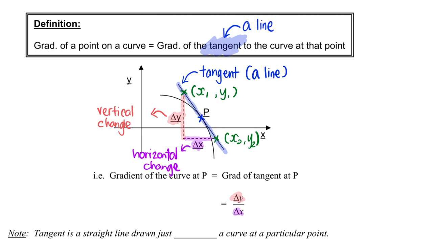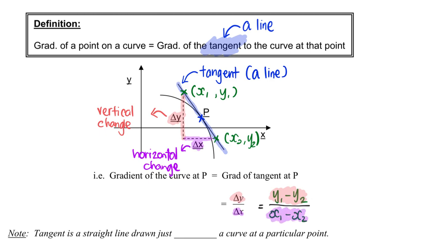And if I translate this to a formula, then it simply means that this is equal to my y1 minus y2, which will give me my vertical change, divided by my x1 minus x2, which will give me my horizontal change.